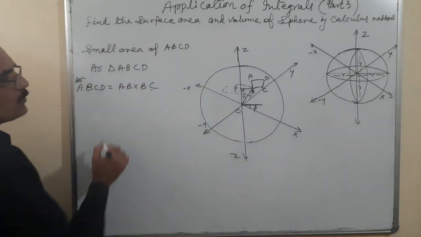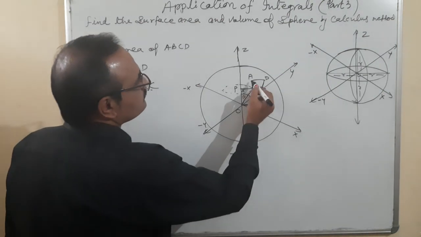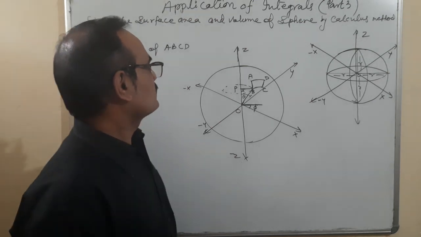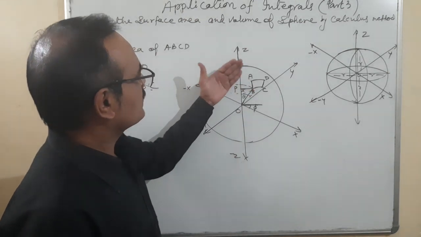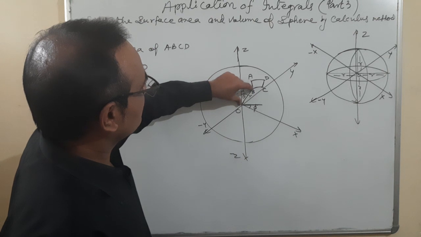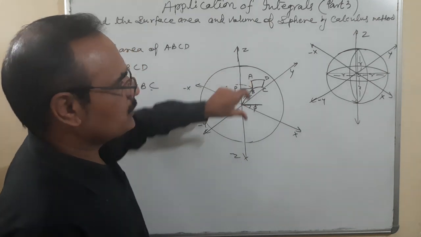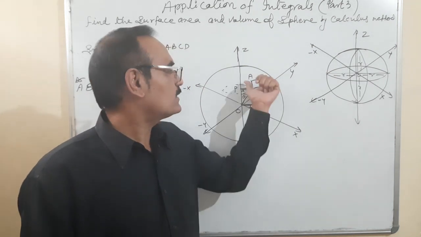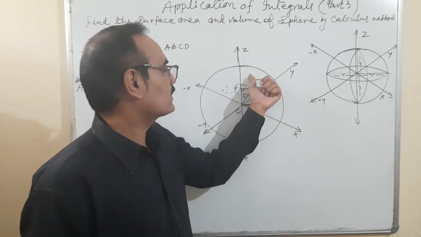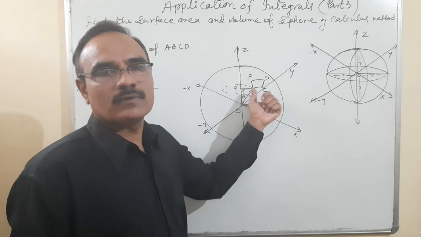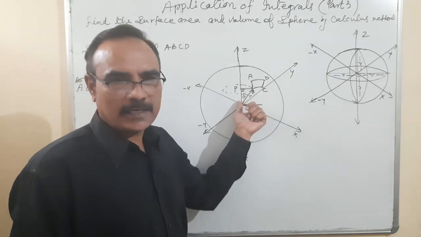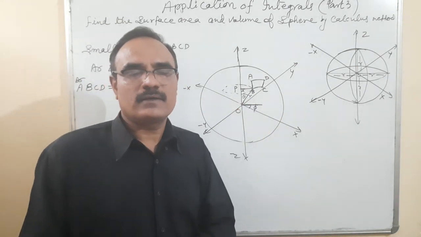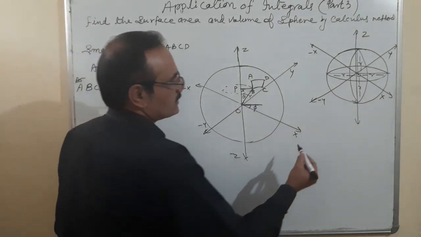How to find AB? This is AB. What happens if it rotates like that? This angle is theta. It's rotating like that, and you know the formula: length of an arc is equal to theta in radian multiplied by radius.